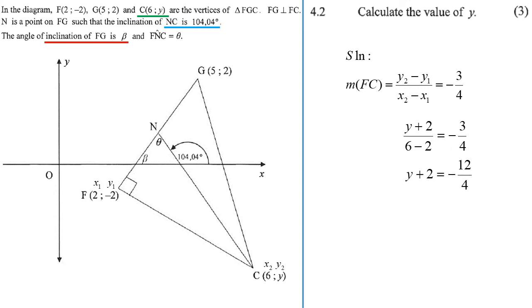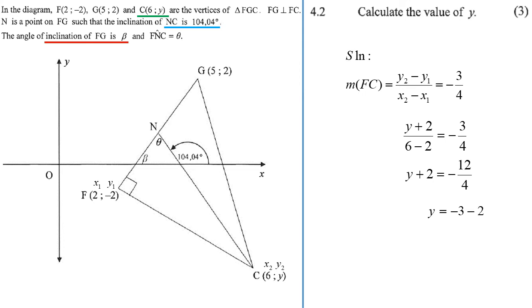Okay, so it means we actually have y plus 2. How did you get the 12? 6 minus 2 is 4. 4 times 3, then you have your 12 here. So -12 divided by 4 will give you -3, and then you take 2 to the other side, then your y is equal to -3 minus 2. Ladies and gentlemen, this is simple arithmetic.